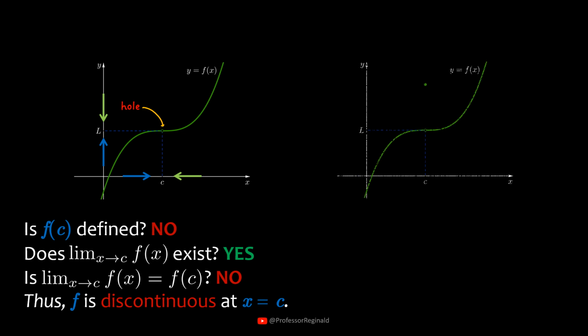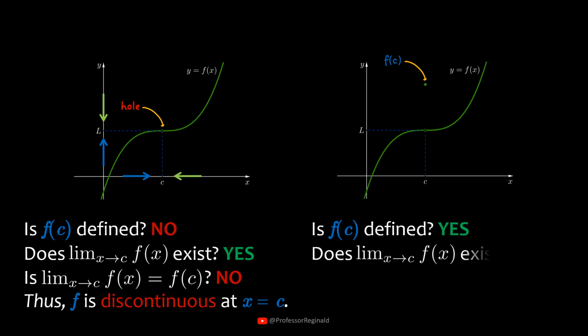Next figure. Is f of c defined? Yes. Does the limit of f of x, as x approaches c, exist? Because the one-sided limits both approach the same number.